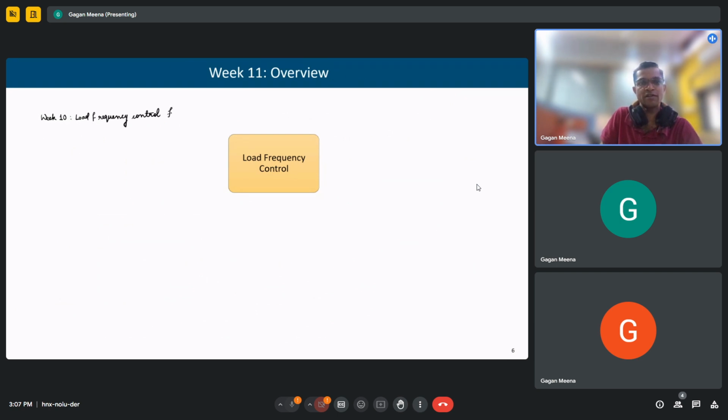For an isolated system, without control, or we can say uncontrolled mode, and then with control, so integral control.